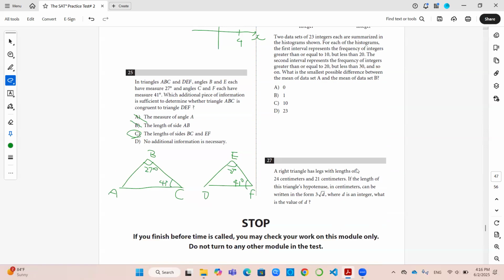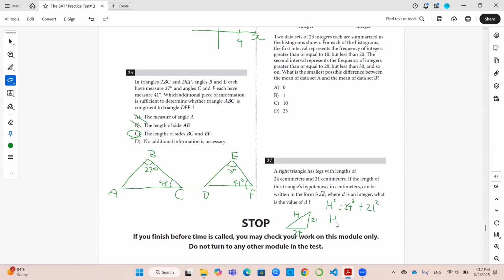All right, question 27. A right triangle has legs with lengths of 24 centimeters and 21 centimeters. If the triangle's hypotenuse in centimeters can be written in the form 3 square root d, where d is an integer, what is the value of d? So we have 24 and 21, and the hypotenuse. We know that h squared is equal to 24 squared plus 21 squared.